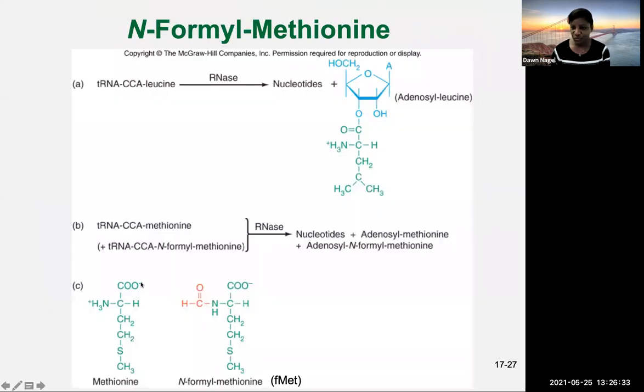This was discovered through a series of experiments where they were trying to understand the composition of these aminoacyl tRNAs. What they found is that when they digested different amino acids, in this case leucine as an example, when they isolated the ribosomal complex, which is already bound to the mRNA to be translated, and added RNase, that will chew up the messenger RNA, you can isolate what else is in that composition.